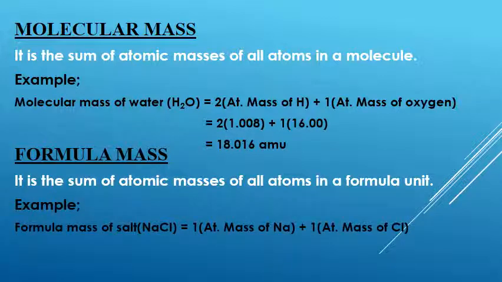For example, table salt or sodium chloride is an ionic compound made up of sodium ions and chloride ions, and its formula states that it has one atom of sodium and one atom of chlorine in it. So its formula mass can be calculated by adding the atomic mass of sodium and chlorine together, which gives us an answer of 58.5 AMU.